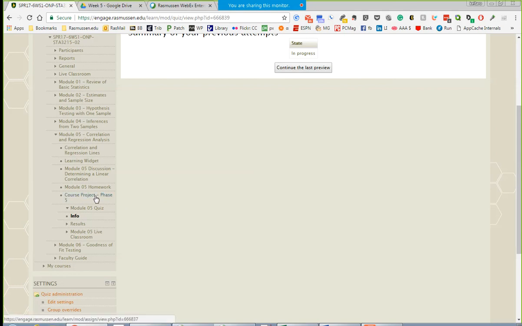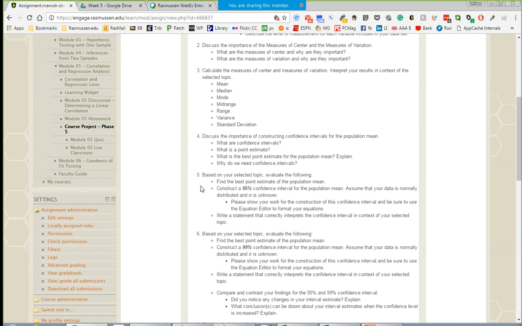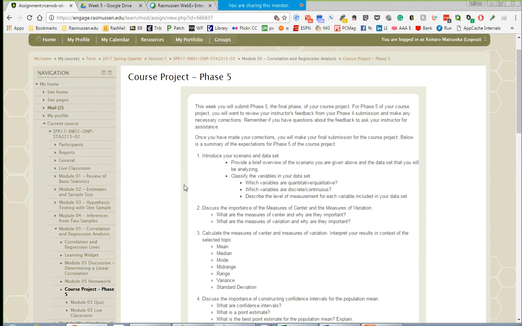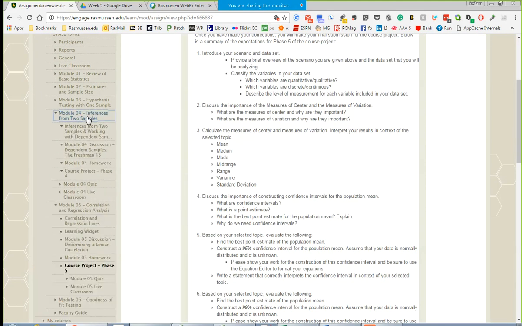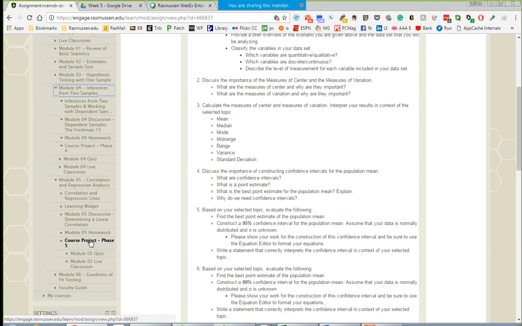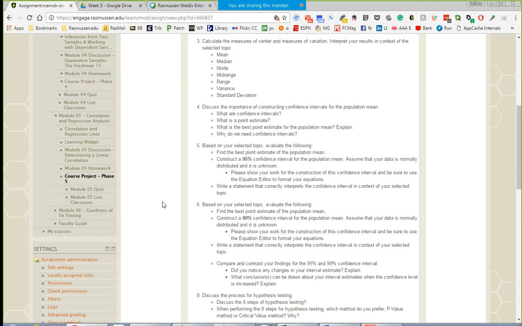And for the project phase, it says to submit your final draft, but I'm having you not do this because since you already turned it in to module 4, in the draft in module 4, and then if I give you feedback and if you turn it into module 5, your module 5 phase 5 paper will be 100% anyway, so that's kind of pointless to have you submit something that's going to be 100%.